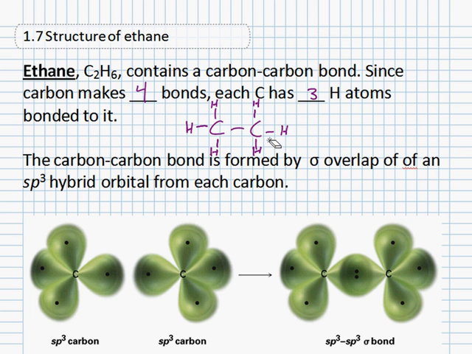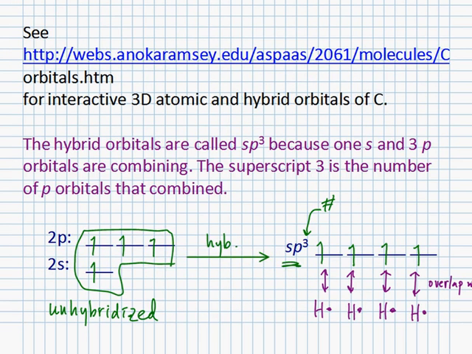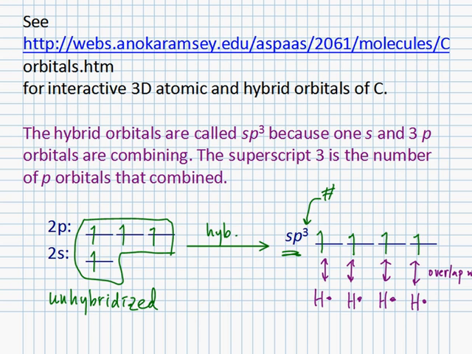So the carbon-carbon bond is formed by sigma, right? Remember that sigma bond? That's an overlap that happens directly in between 2 atoms. And in methane, that was actually sigma bonding as well. Sigma.